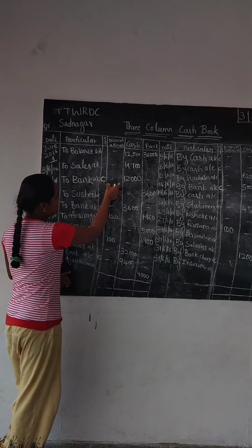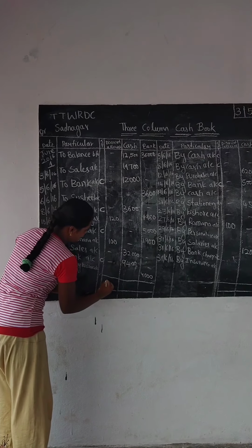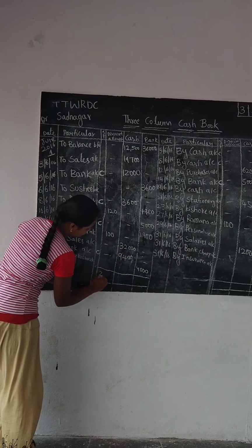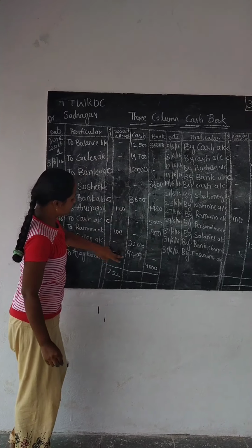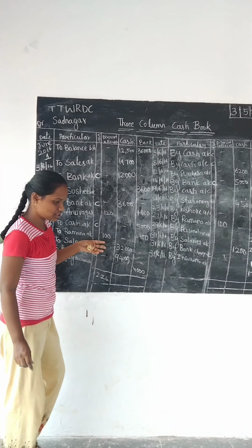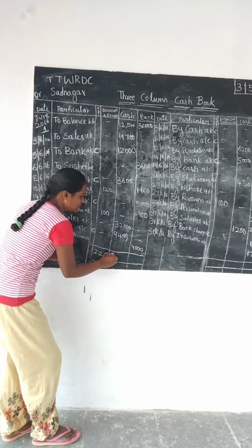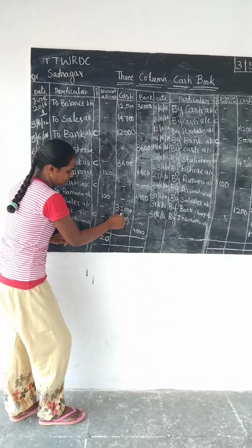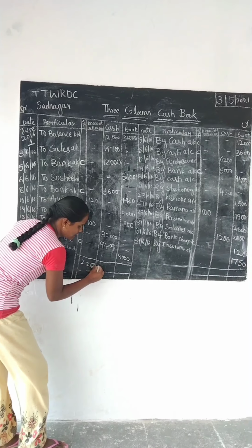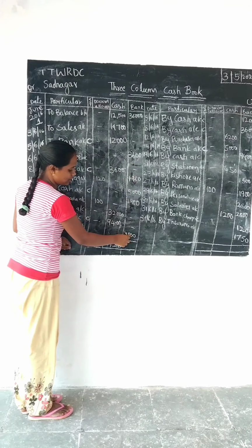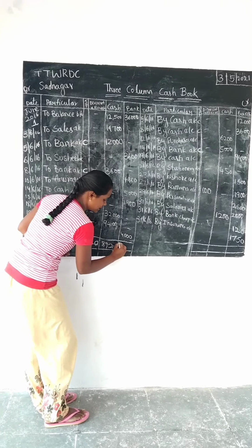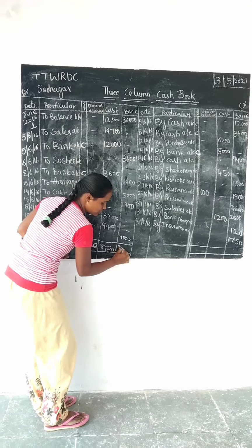Here the discount column is 220, and they add these amounts. Here the cash balance is 89,200 and the bank column is 52,480.